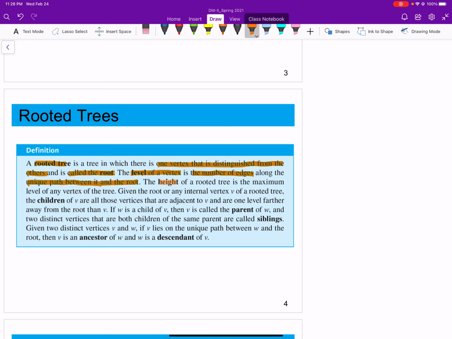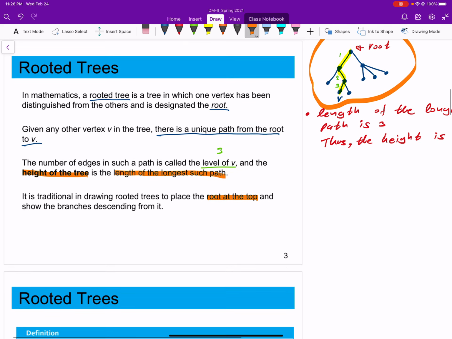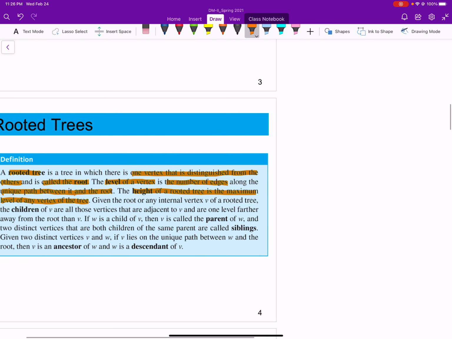The height of a rooted tree is the maximum level of any vertex of the tree. In the previous graph, the height was 3. Let me draw another example.